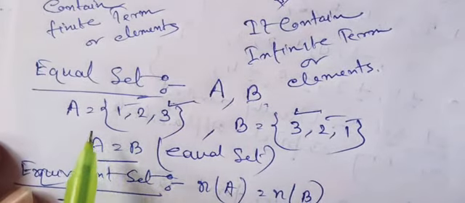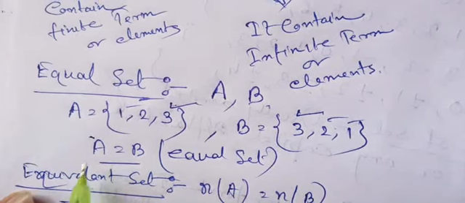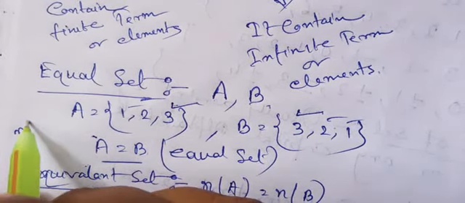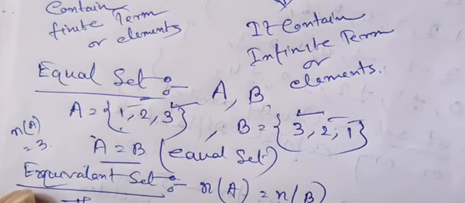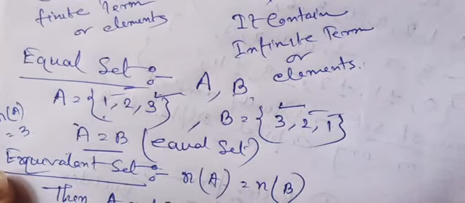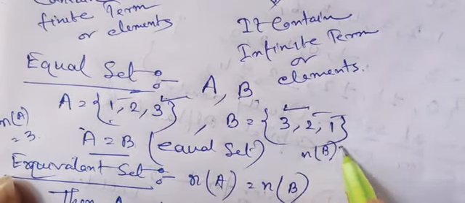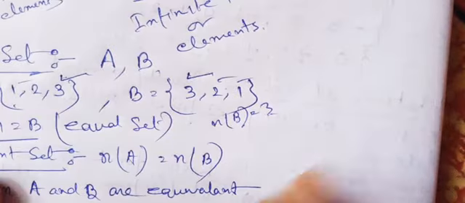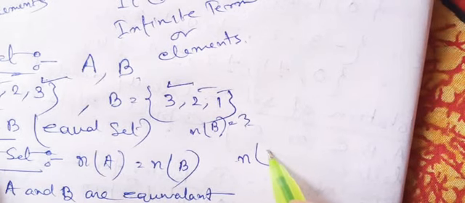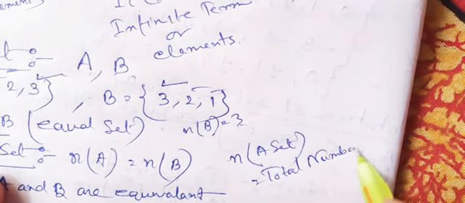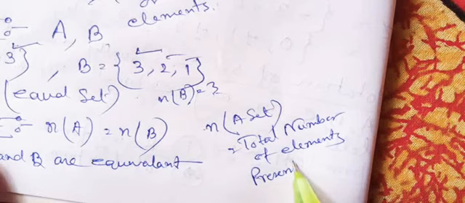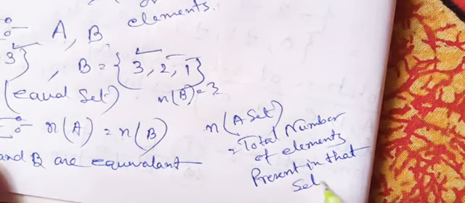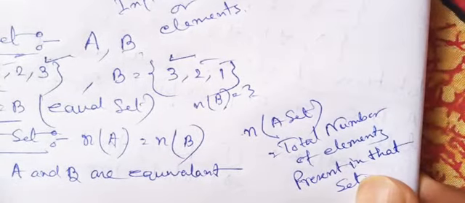In the previous example, A is equal to {1, 2, 3}, so n of A is 3, and n of B is also 3. n of a set means the total number of elements present in that set.